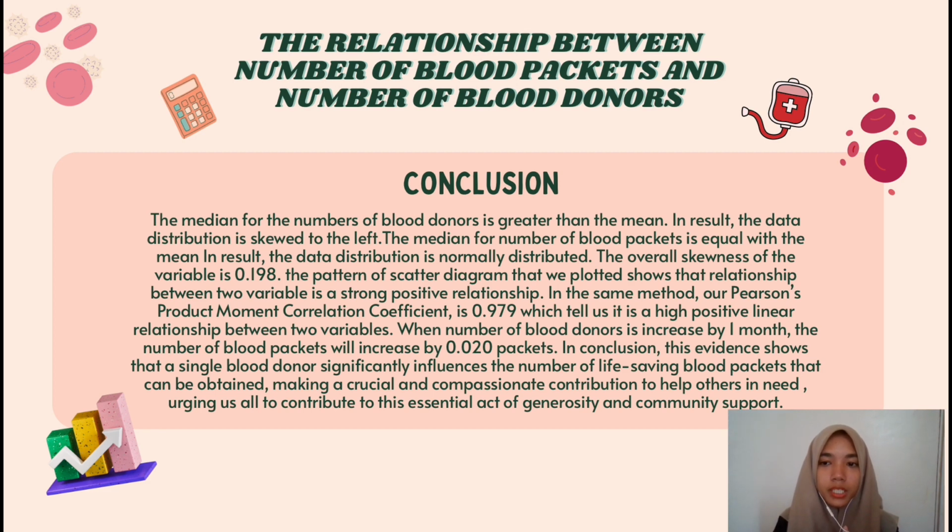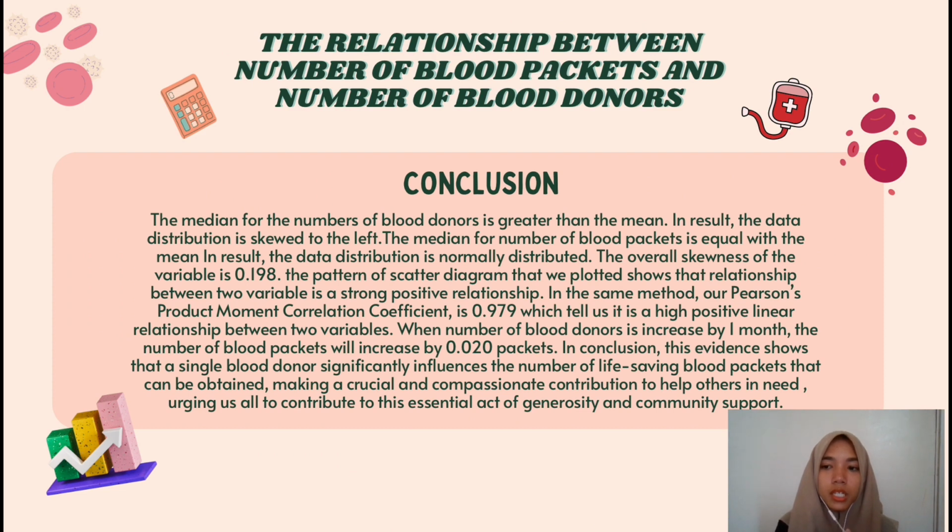The overall skewness of the variable is 0.198. The pattern of the scatter diagram that we plotted shows that the relationship between the two variables is a strong positive relationship. Likewise, our Pearson product moment correlation coefficient is 0.979, which tells us it is a high positive linear relationship between the two variables.